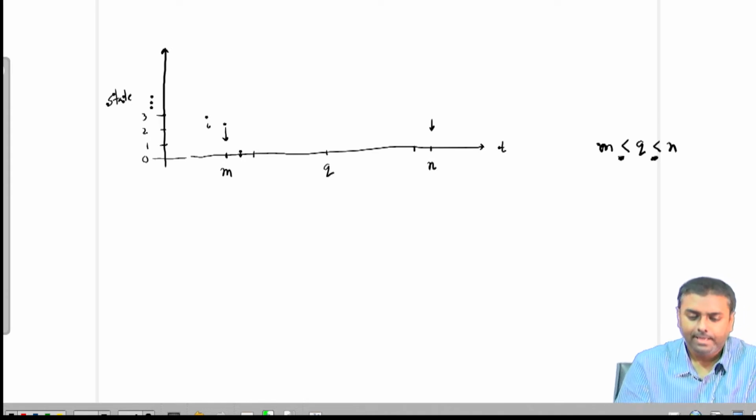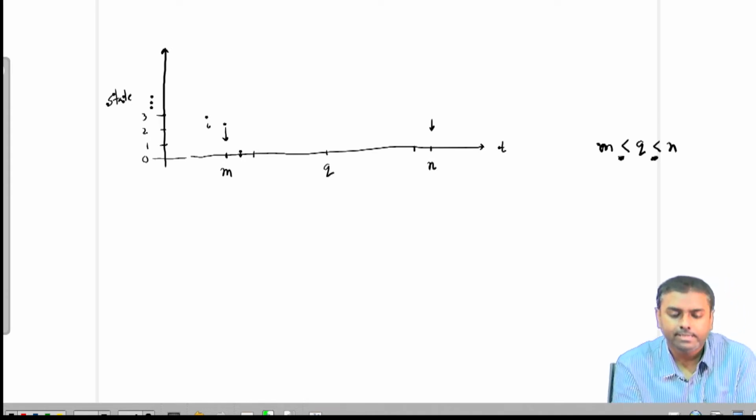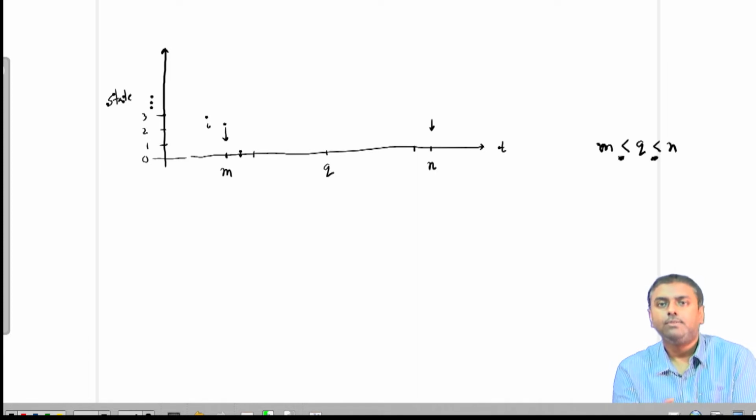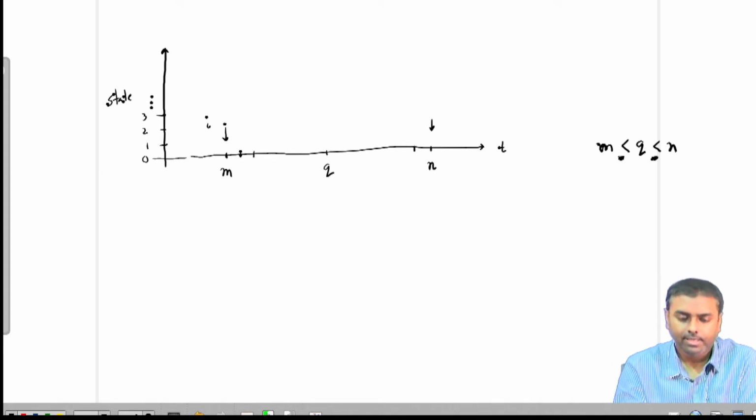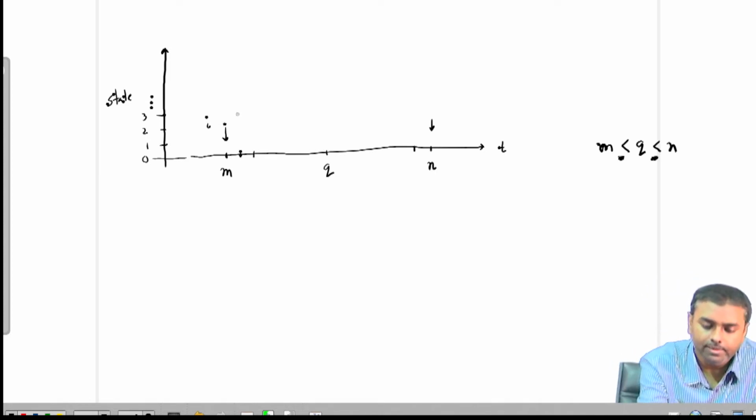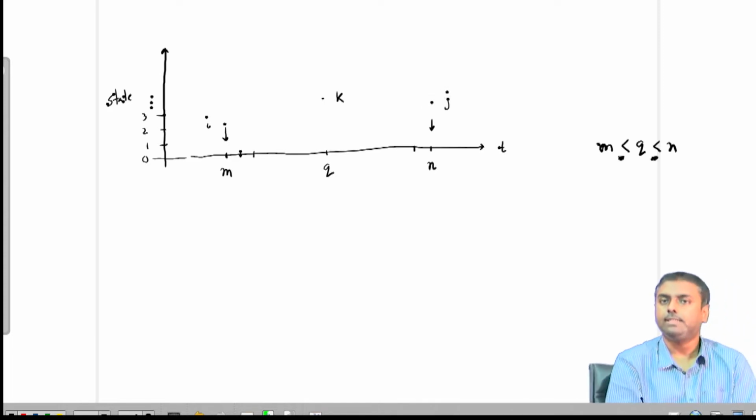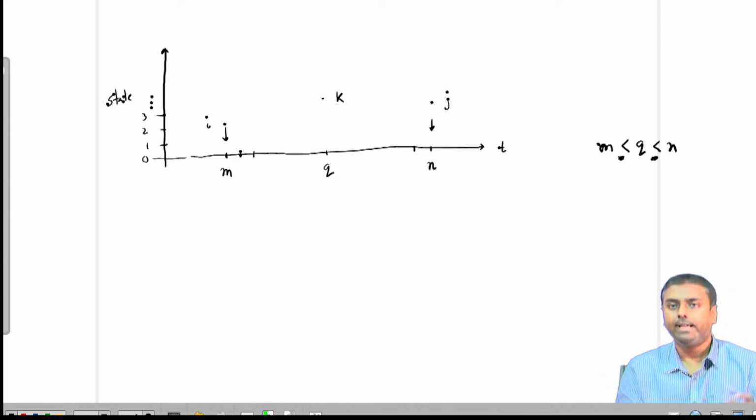Then, in between, he is changing state every time with some transition probability. He will be in some I1 state next, then in some I2 state. Let us say at the qth step I observe him in the kth state, and finally I see him in the jth state. We are just giving arbitrary states: i can take any value from the state space, k can take any value from the state space, and j can also take any value from the state space.